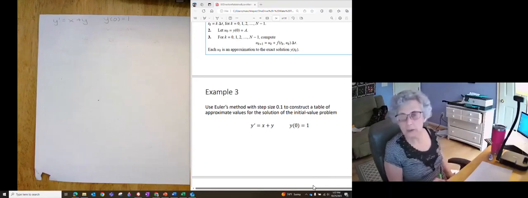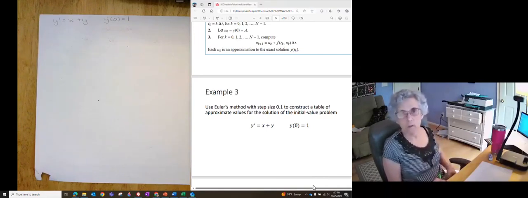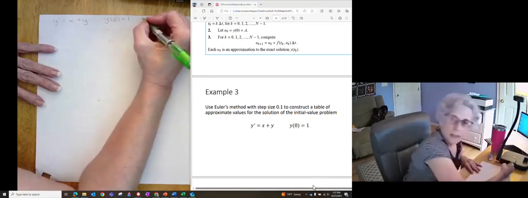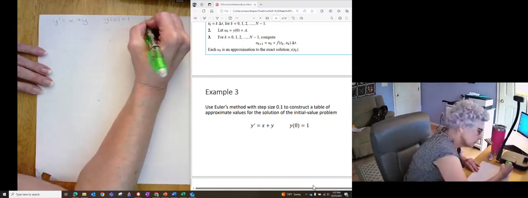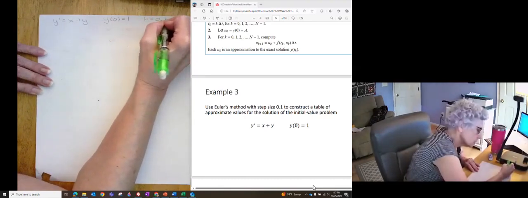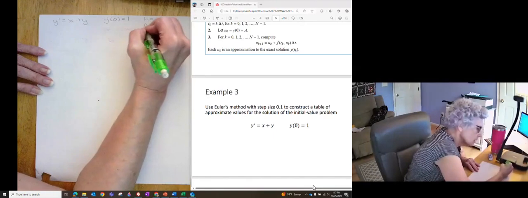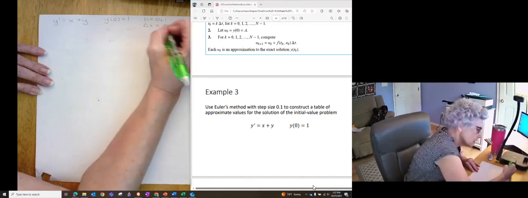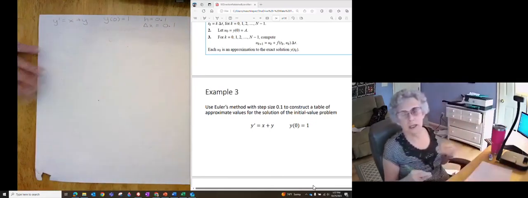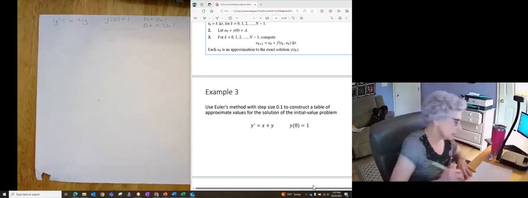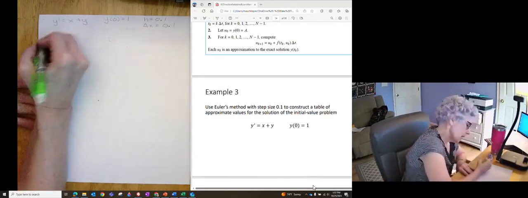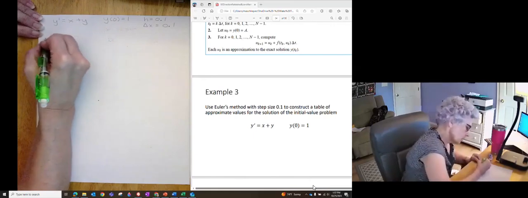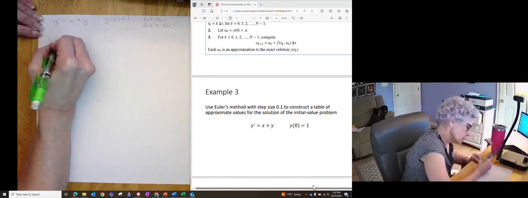Okay, so y prime is equal to x plus y. y of 0 is equal to 1, and my step size is 0.1. You can call it h, or you can call it delta x equals 0.1 because my independent variable in this case is x.